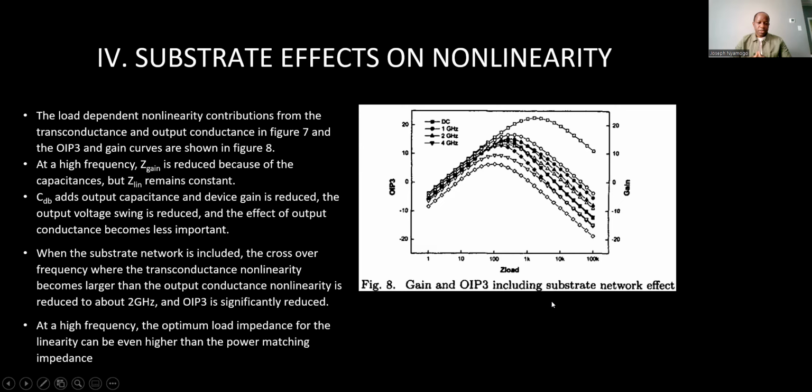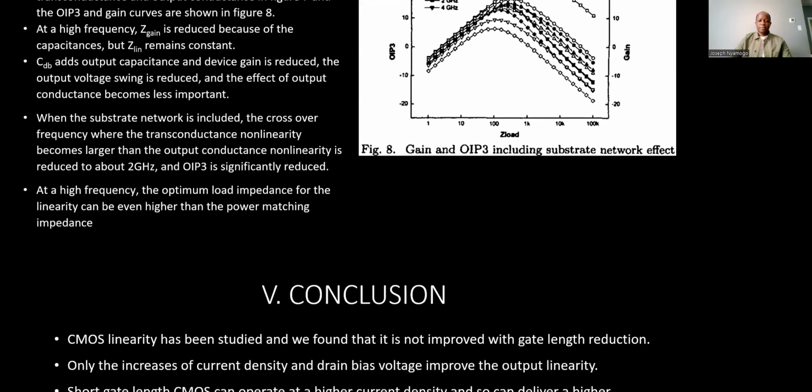When the substrate network is included, the crossover frequency where the transconductance nonlinearity becomes larger than the output conductance nonlinearity is reduced to about 2 GHz, and OIP3 is significantly reduced. At a high frequency, the optimum load impedance for the linearity can be even higher than the power matching impedance.